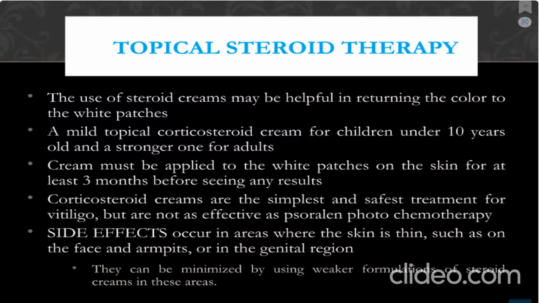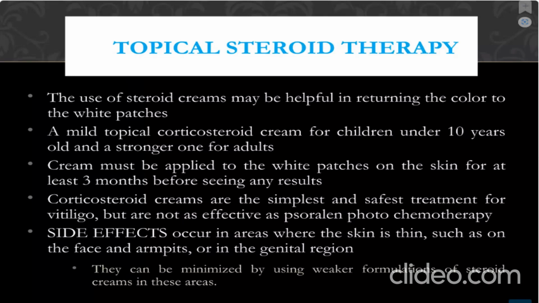So topical steroid therapy is the use of steroid creams which may be helpful in returning the color to white patches. A mild topical corticosteroid cream for children under 10 years of age and a stronger one for adults.